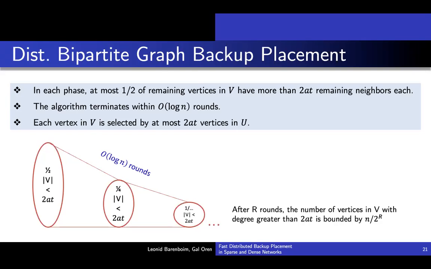After R rounds, for a positive integer R, the number of vertices in V with degree greater than 2AT is bounded by n divided by 2 to the power of R. Since the algorithm completes all backup placement in the round when no vertices in V with degree greater than 2AT remain, it terminates within O(log n) rounds.